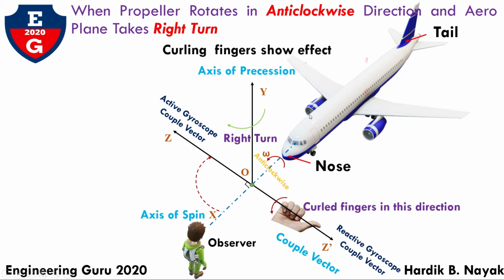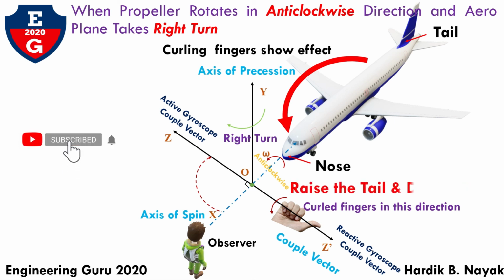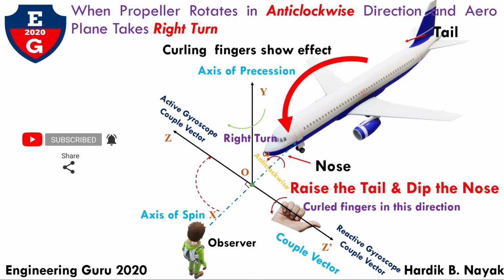So when the propeller rotates in anti-clockwise direction and the aeroplane takes a right turn, the effect of the gyroscopic couple is that the tail of the plane rises and the nose dips. So raise the tail, dip the nose when the plane is taking a right turn.